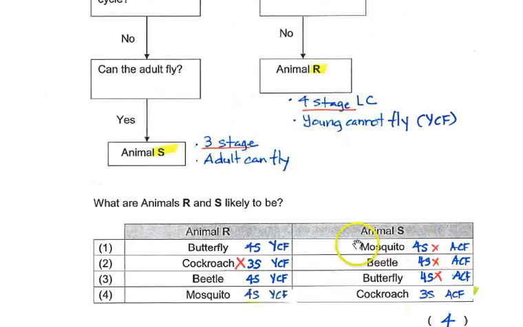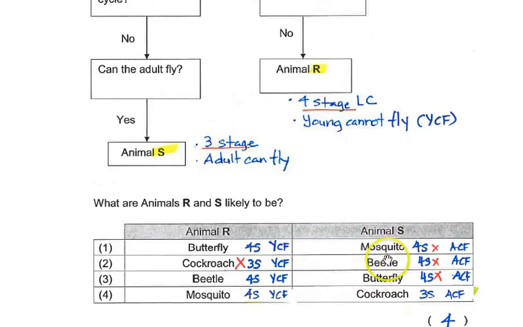Now, animal S is supposed to be, look here, a 3-stage life cycle, not 4-stage, right? So can you see here? Mosquito, beetle, butterfly, all these are 4-stage life cycle. That's why I put a cross there. It means they do not belong to animal S. Quite straightforward, right?